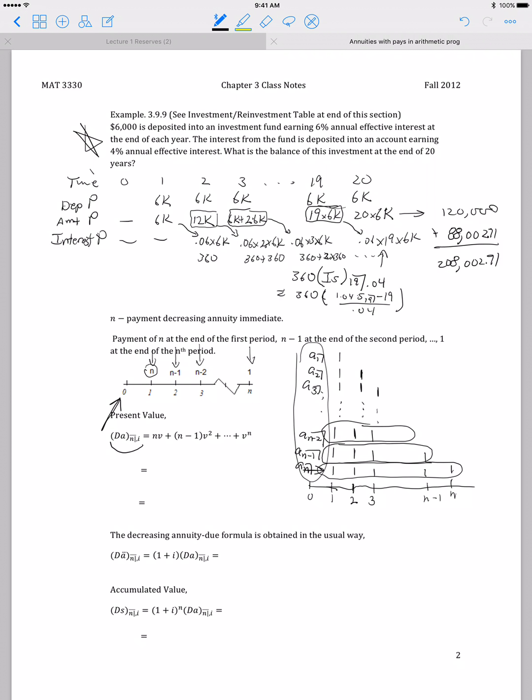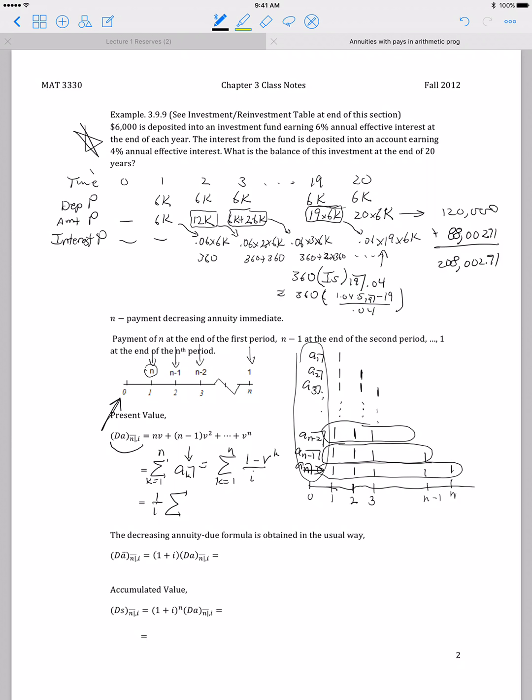which I'll do over here to the right by using a sigma sign, I'm going to use the sum from k equals 1 to n of a sub k. I know the formula for a sub k: 1 minus v to the k over i. I can factor out my 1 over i and break my sigma up into two sums.